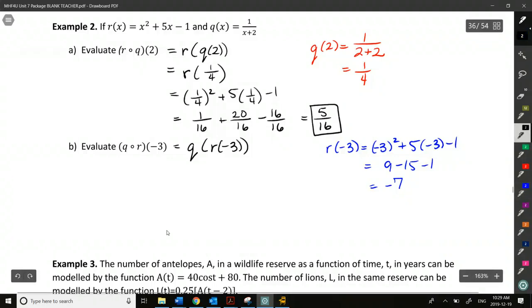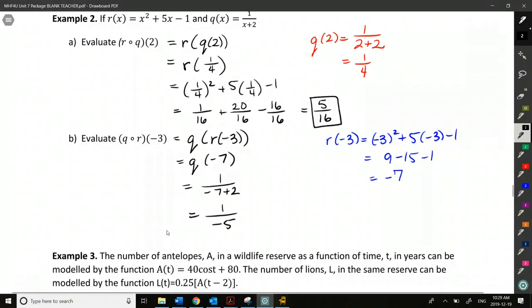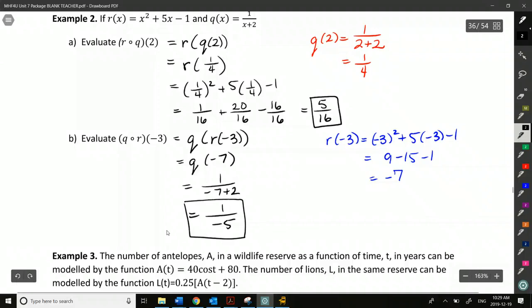Okay, so that tells us we want to evaluate Q at -7. So we're just going to plug that in for our x value. And we get -1/5.